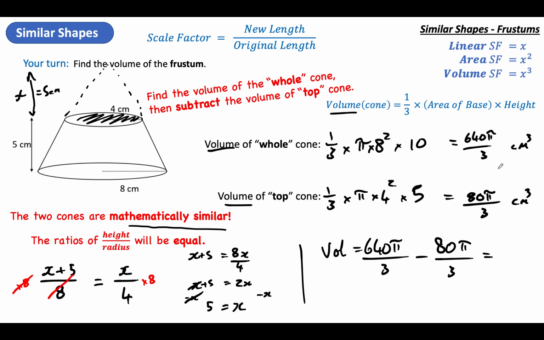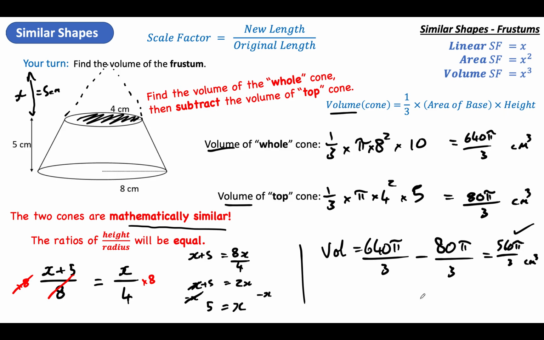So 640 pi over 3 take away 80 pi over 3. Let's make sure that's two separate fractions. That equals 560 pi over 3 centimeters cubed.